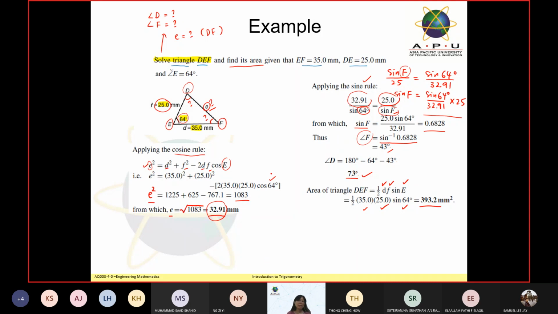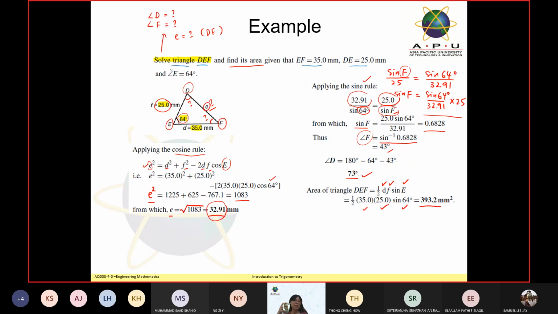Is that okay so far? Any question? For your information, there are multiple ways to solve it. When we start to discuss the tutorial questions, you may realize that the way you solve and the way I solve is different.